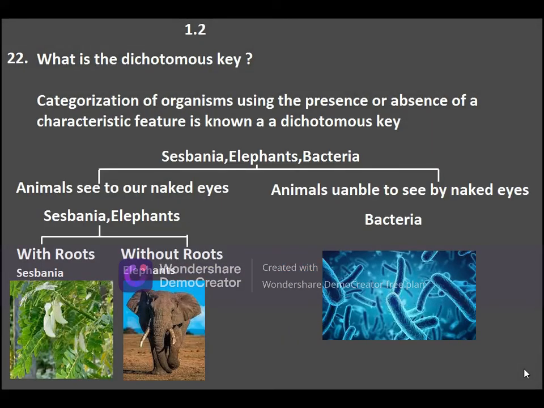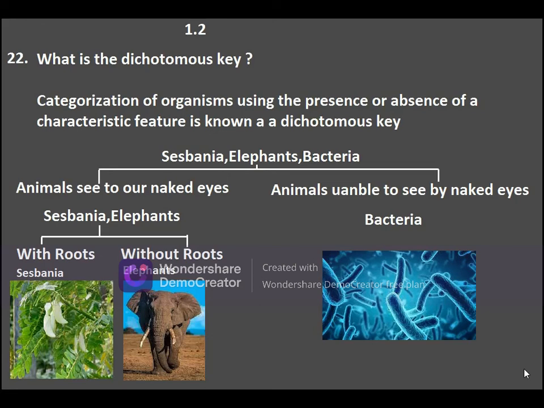22. What is the dichotomous key? Categorization of organisms using the presence or absence of a characteristic feature is known as a dichotomous key. As you can see below: Sesbania, elephants, bacteria.